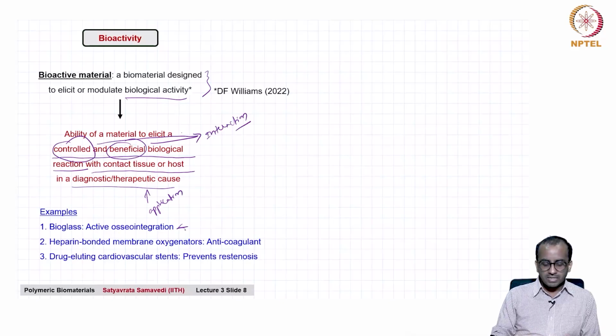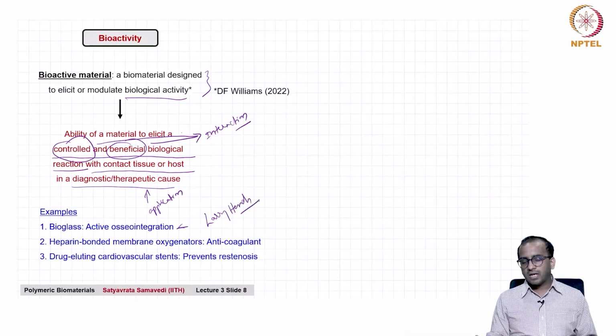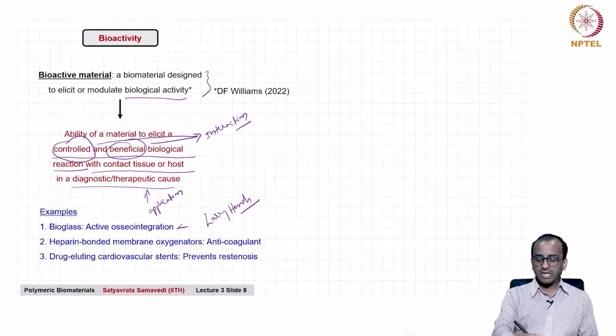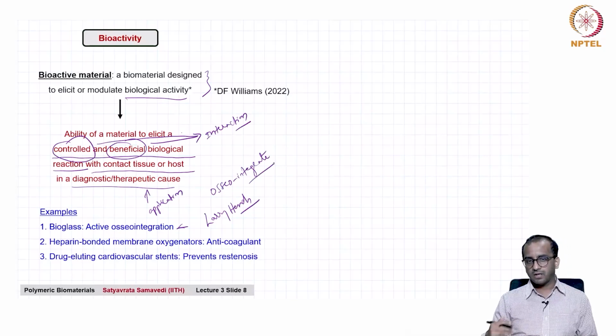These are silicate based glasses that were developed largely by Larry Hench, and as opposed to metal implants where they are largely serving a mechanical function, bioglass can osseointegrate. This is also a term that we have seen earlier, where the material that is implanted can bond well with the bone.